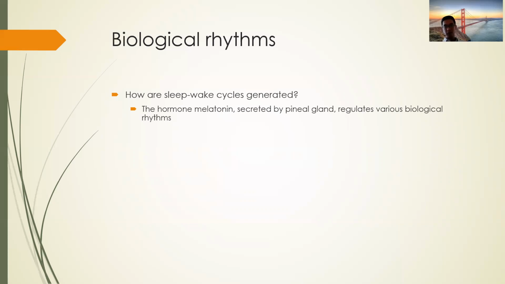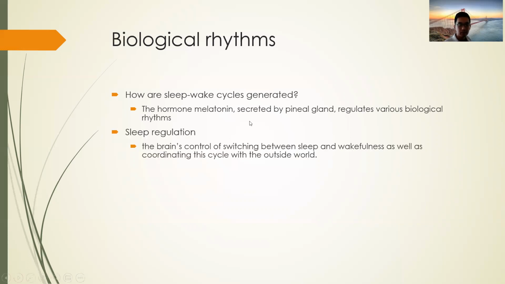The pituitary gland is controlled by the hypothalamus. Inside the hypothalamus, there is the SCN, right? So actually, the SCN controls everything, creates the sleep-wake cycles inside our physical body.